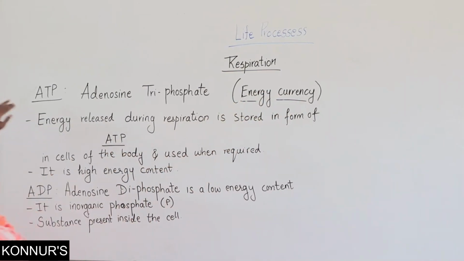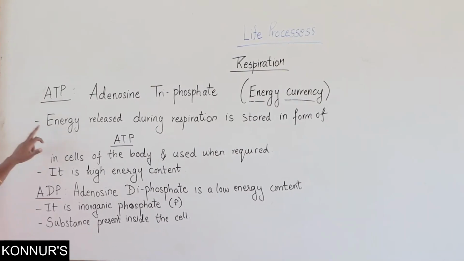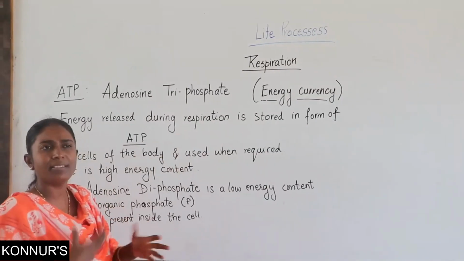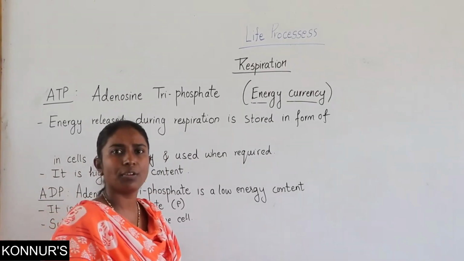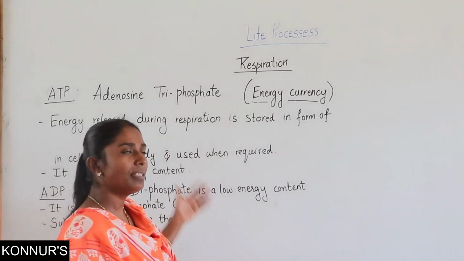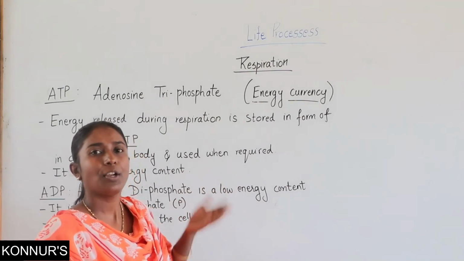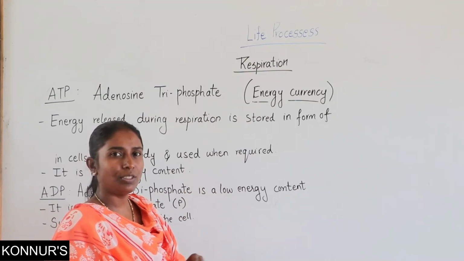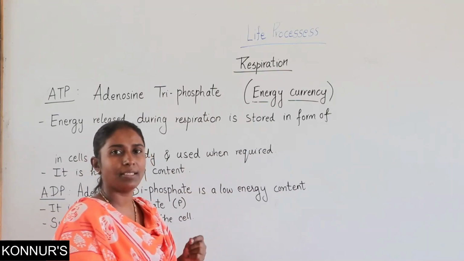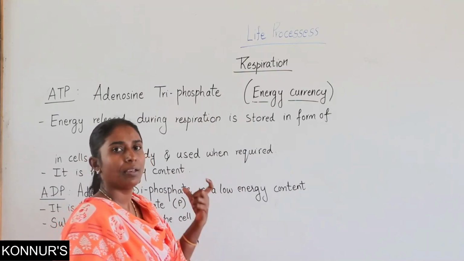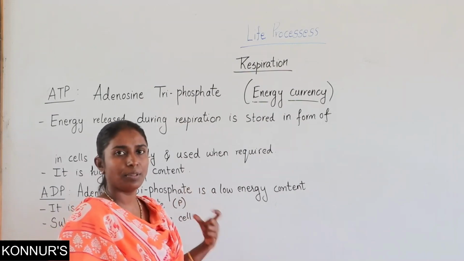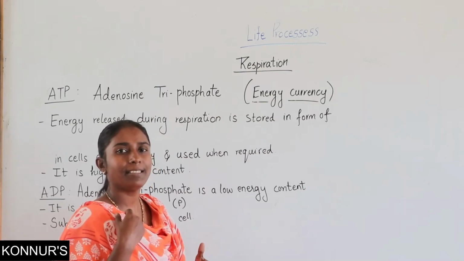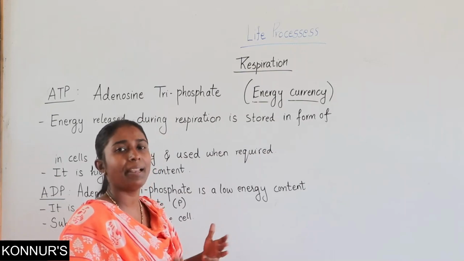Now this energy is stored in the form of ATP. Where did this energy come from? This energy was released during the process of respiration. Just a few minutes back I said that in mitochondria the carbon breaks down into pyruvate, and in the presence of oxygen it releases carbon dioxide, water and energy.